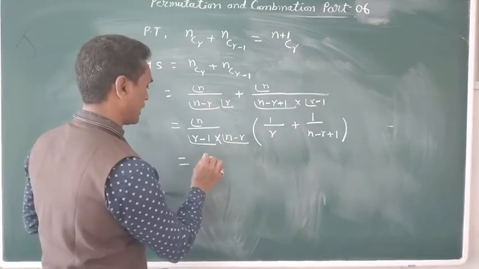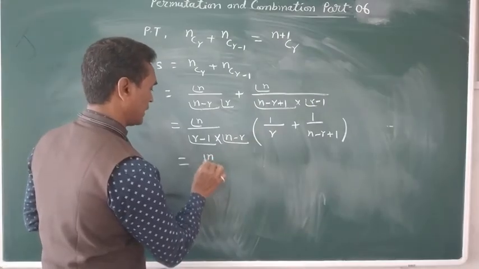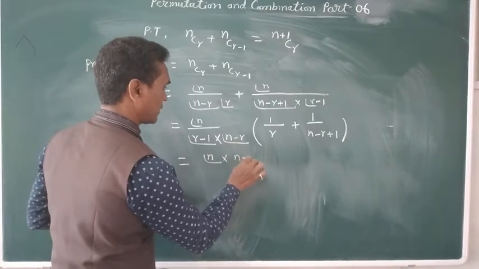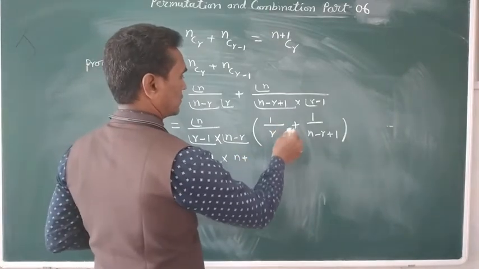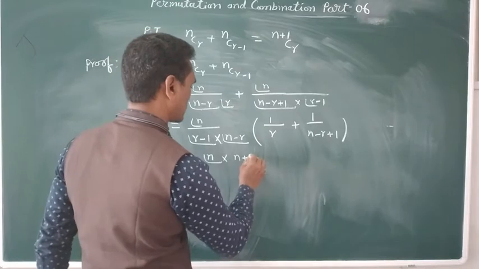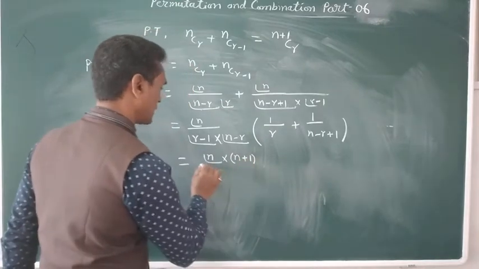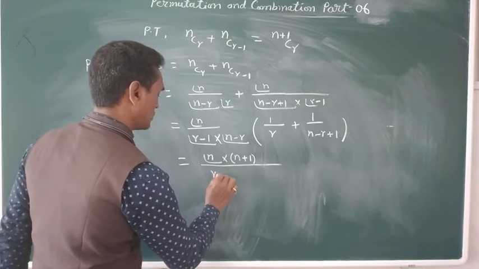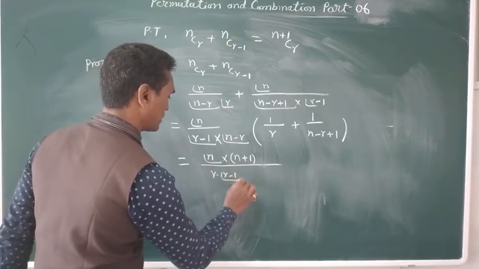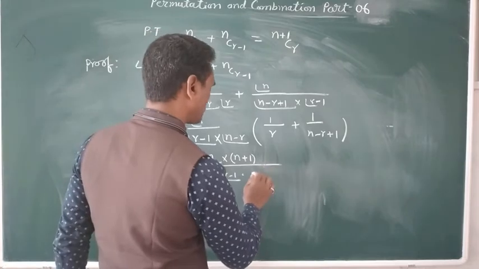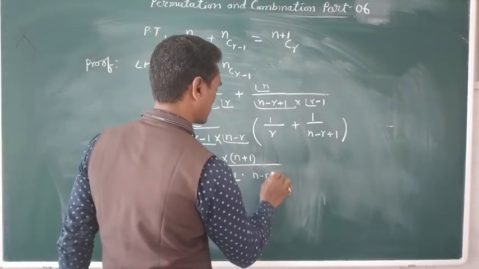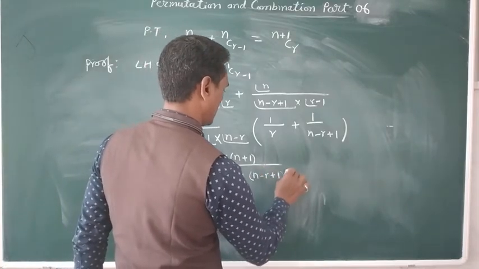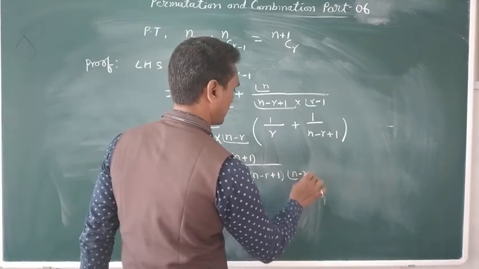Now within the bracket, 1 by r, and then 1 by (n minus r plus 1). If you simplify this, factorial n into (n plus 1) will come in the numerator, as the r will cancel, and in the denominator r into factorial (r minus 1) into (n minus r plus 1) and factorial (n minus r).